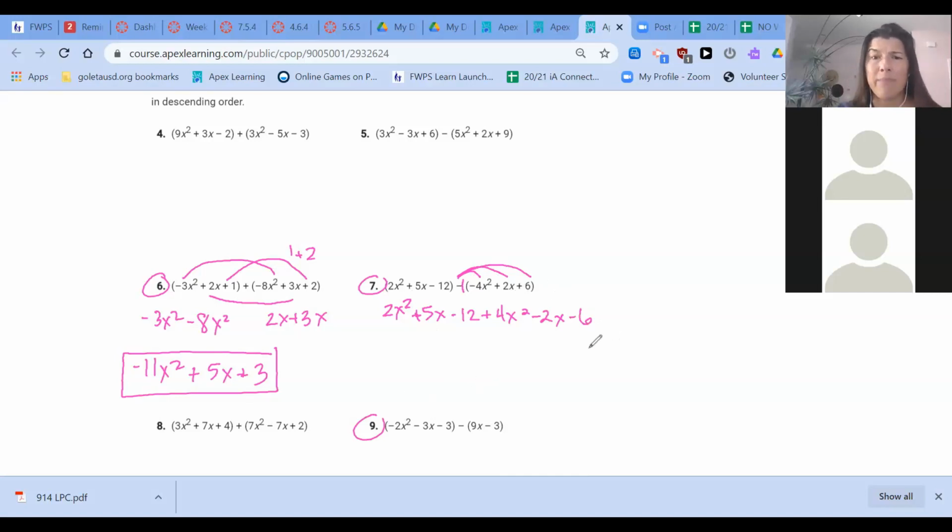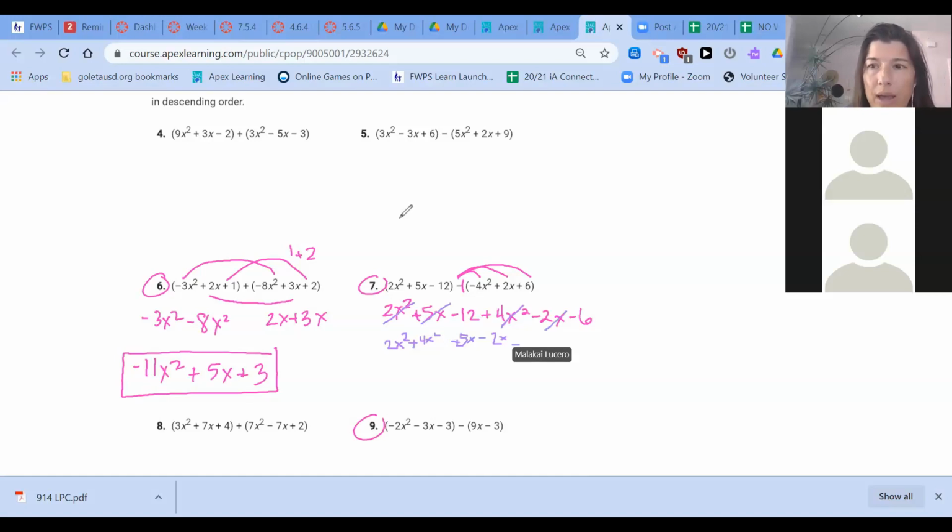All right, and then go ahead and decorate that, Malachi. Identify your like terms. If it's easy enough for you to write on the screen, go ahead and write what the final answer is once you combine your like terms and put it in descending order. Nice.